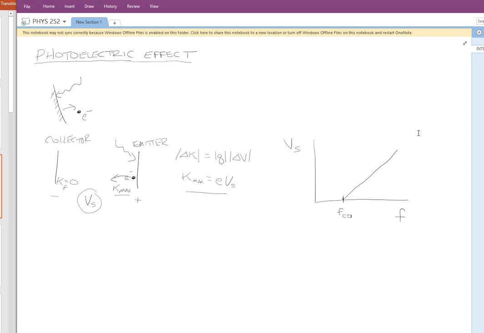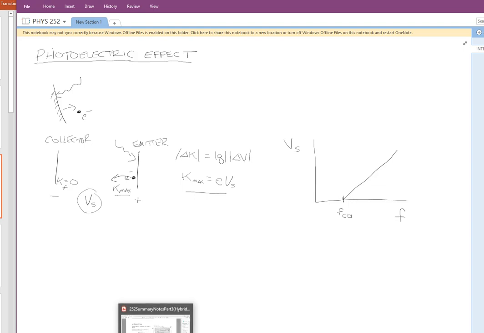So you could argue the stopping potential should increase. But there's no justification for a linear increase. That doesn't jibe with the wave model of light. Why this nice straight line? All right, so we'll come back and explain why it should be linear in the photon model.